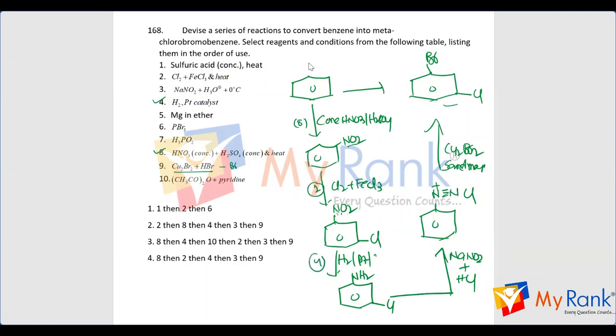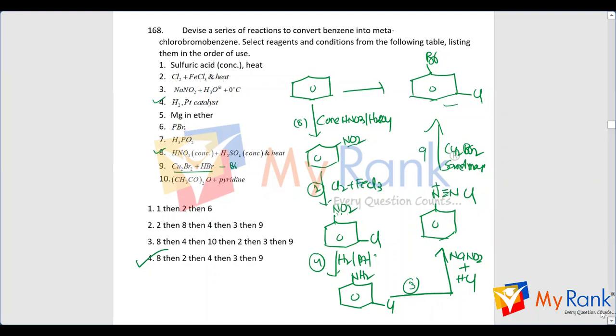This is the 4th one, and next, NaNO2 HCl, 3rd one, and Cu2Br2 and HBr, this is the 9th one. Therefore, 82439. So the fourth option is the correct option. Like this, nitrobenzene to meta-chlorobromobenzene is obtained in multiple steps.